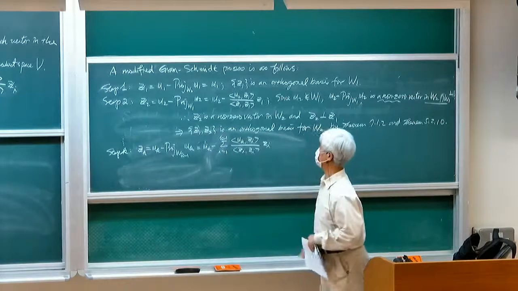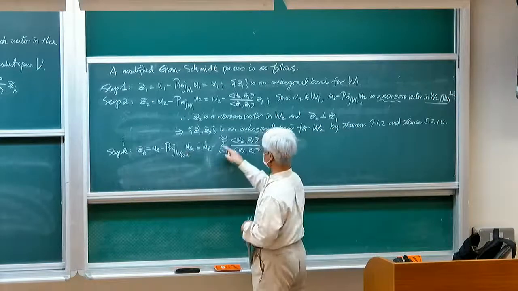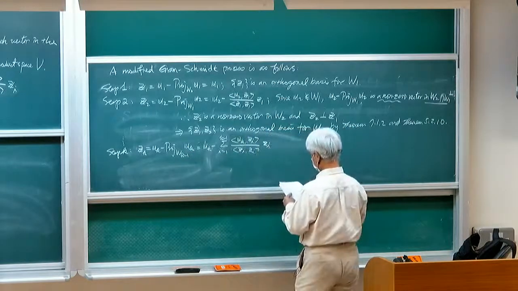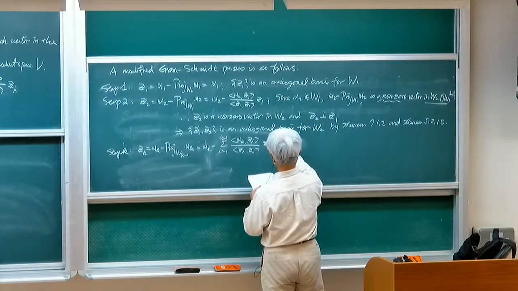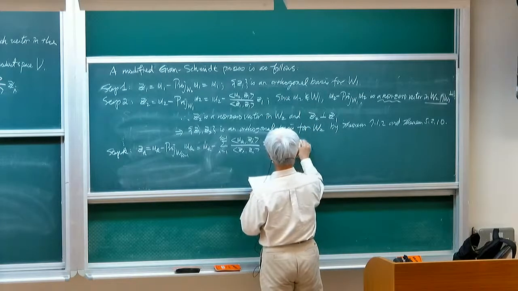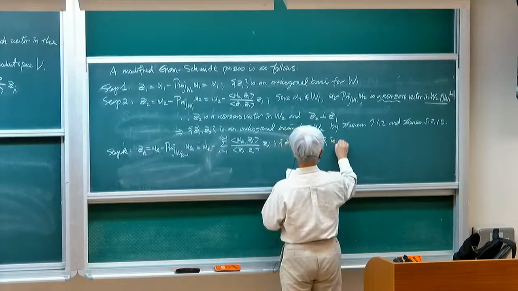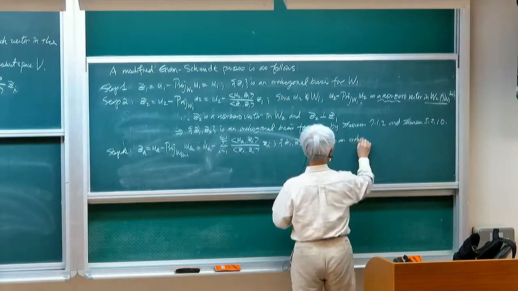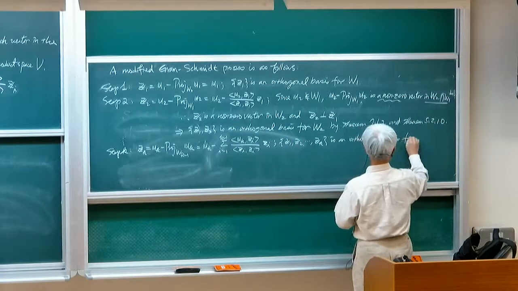From our previous lemma, this orthogonal projection is equal to this linear combination. All right, and suppose Z1, Z2 up to ZK is an orthogonal basis for WK.